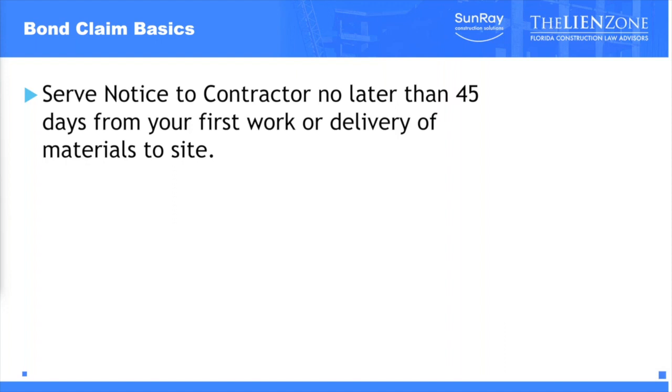If you're doing them yourself, just know that the notice to owner form is technically a separate form in the statute from the notice to contractor form. So you need to be aware if you're doing it yourself. We strongly recommend that you don't, and that you use Sunray to do it, because that's all they do day in and day out is send these notices.